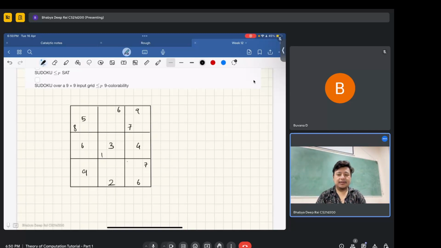This is somewhat what a Sudoku looks like, and the rule is that I need to complete the Sudoku by filling the remaining numbers.